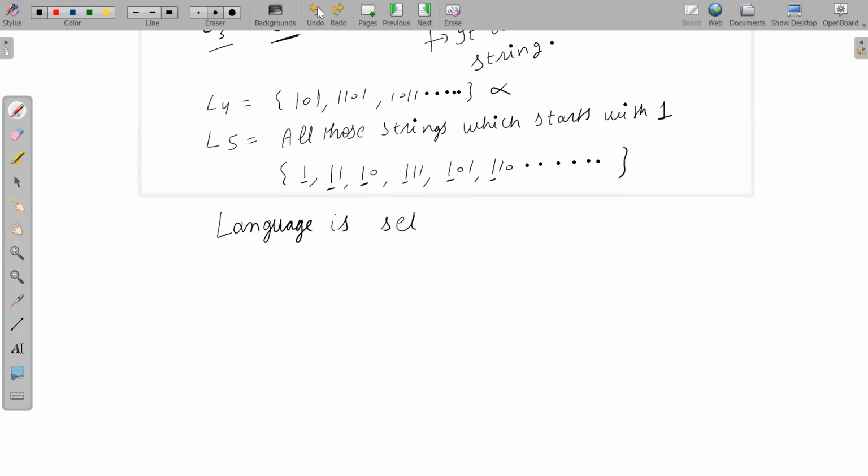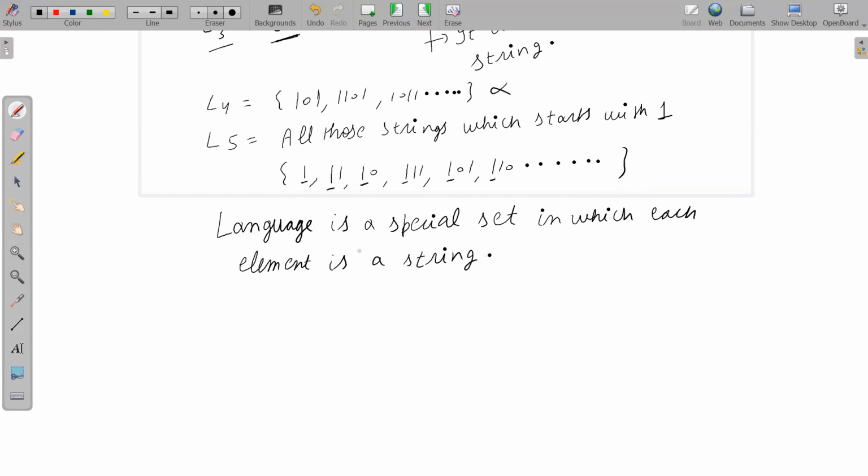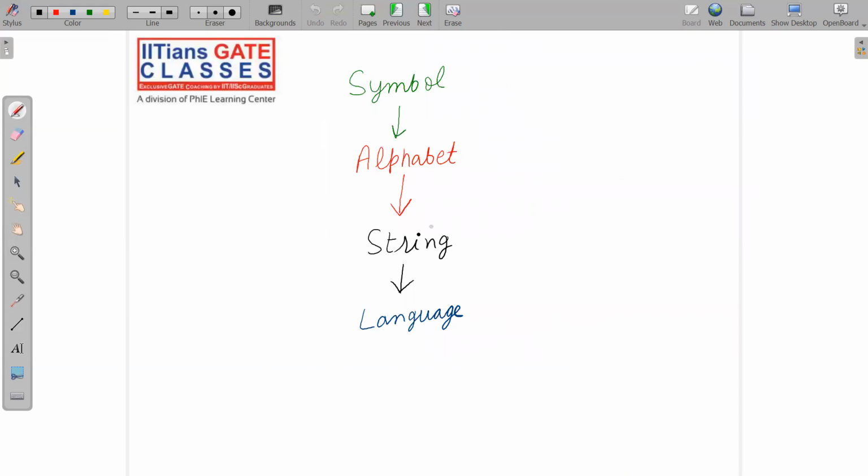Language is a special set in which each element is a string. Please note down this definition. This is also important. Now let's move to next slide.